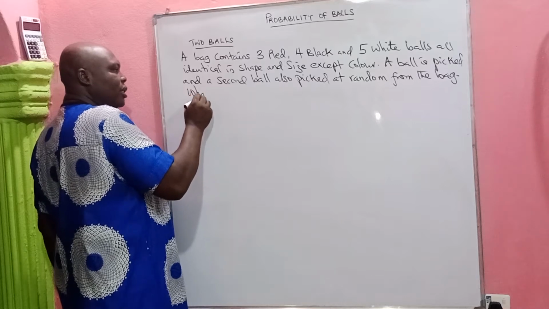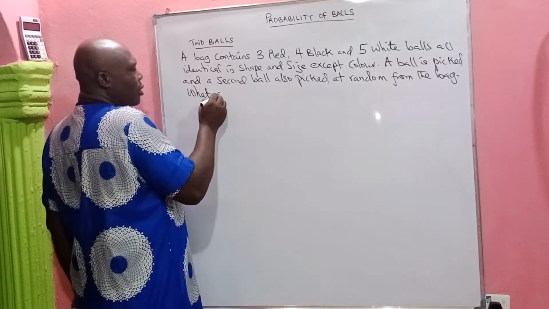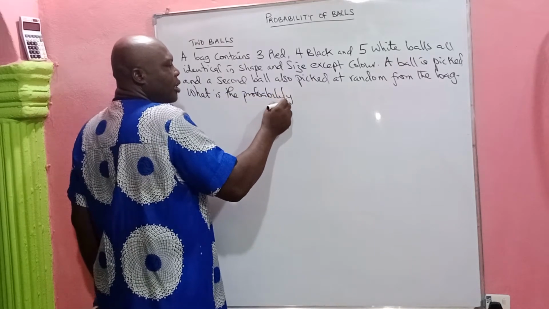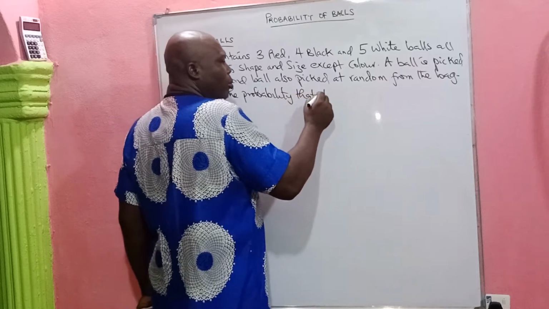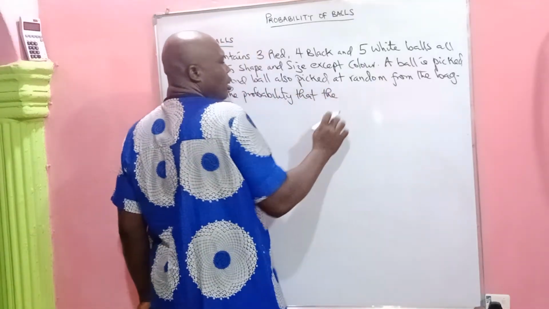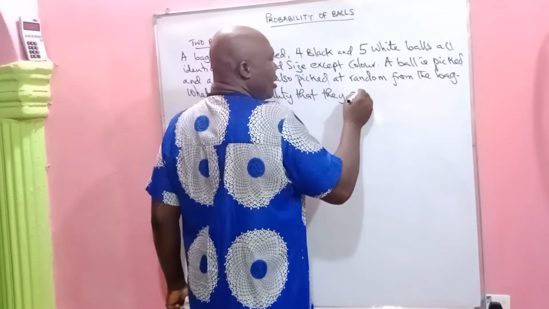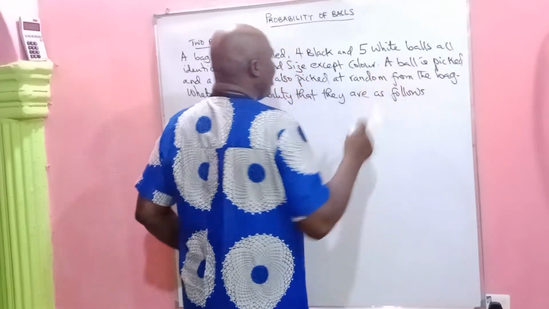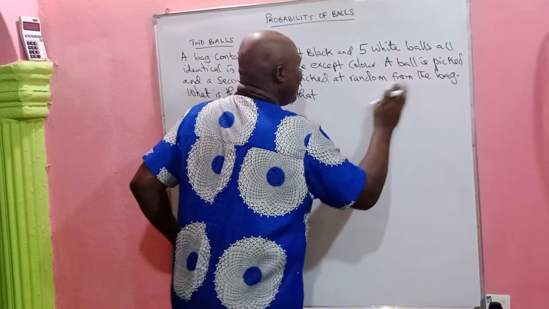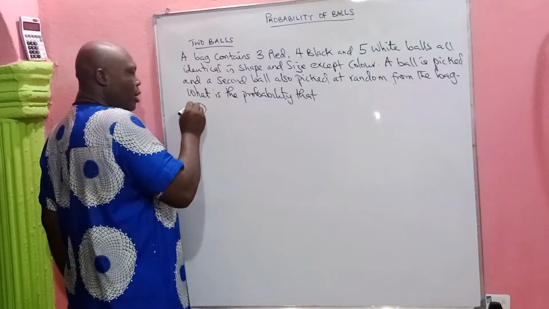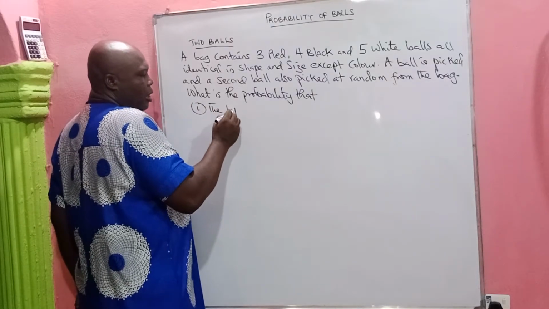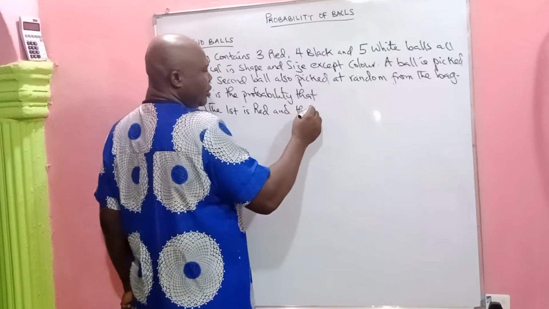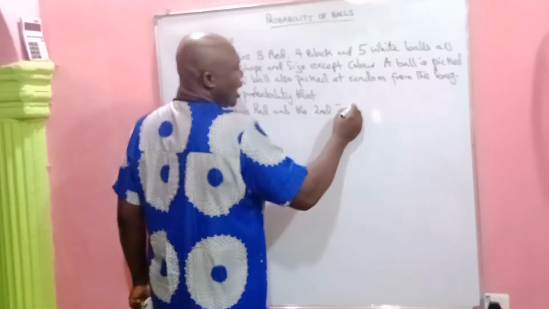What is the probability that the first is red and the second is black?